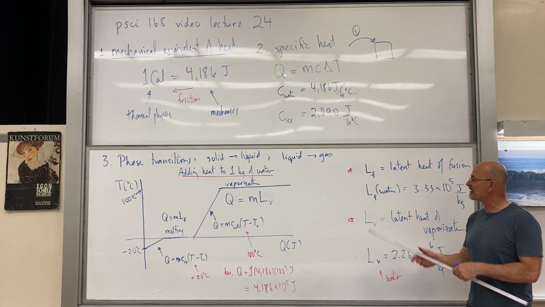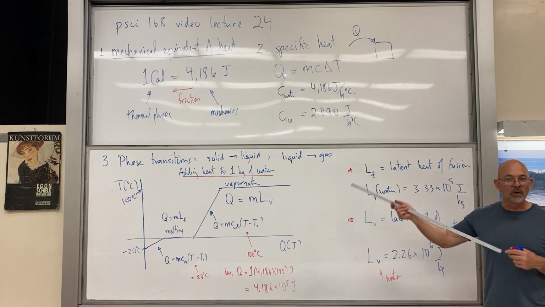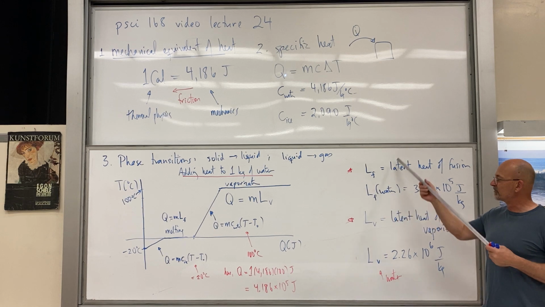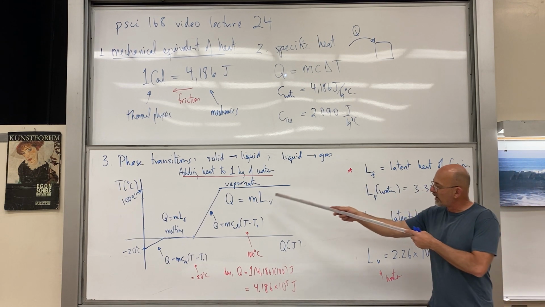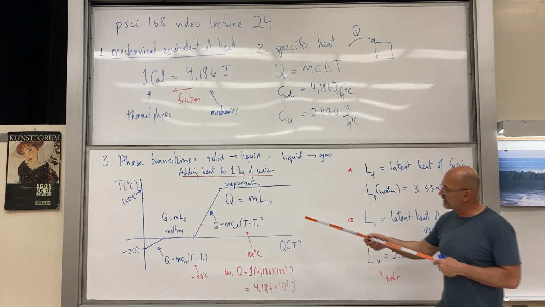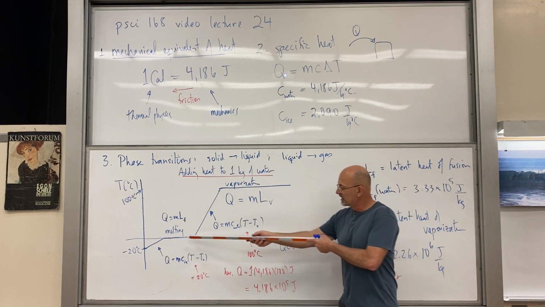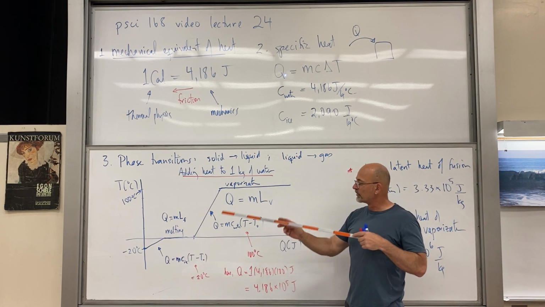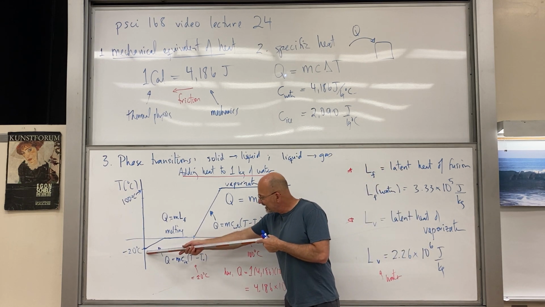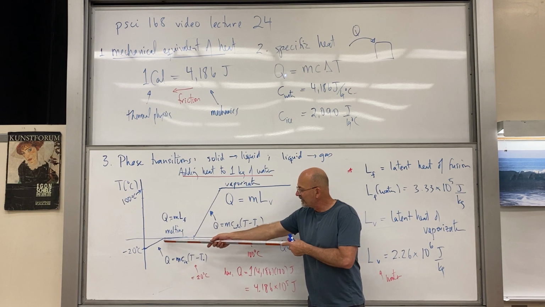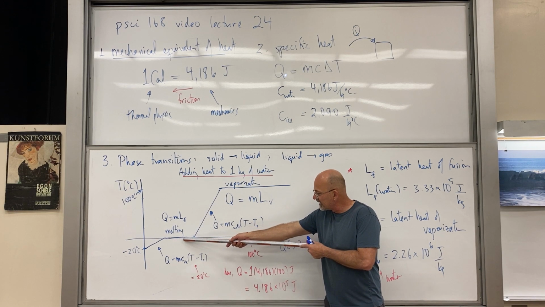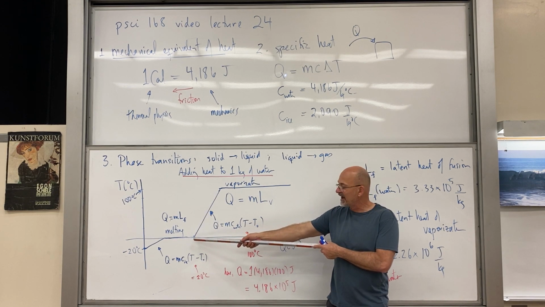Different substances have different latent heats. We're not going to go there. You can look them up, make a big table of those as well. But yeah, we definitely want to be aware of this. And the best way to do it is to know these formulas and look at this graph. So if we return to this graph, we heated the ice till it was 0 degrees, and then we added energy, and it melted, but the temperature didn't change.